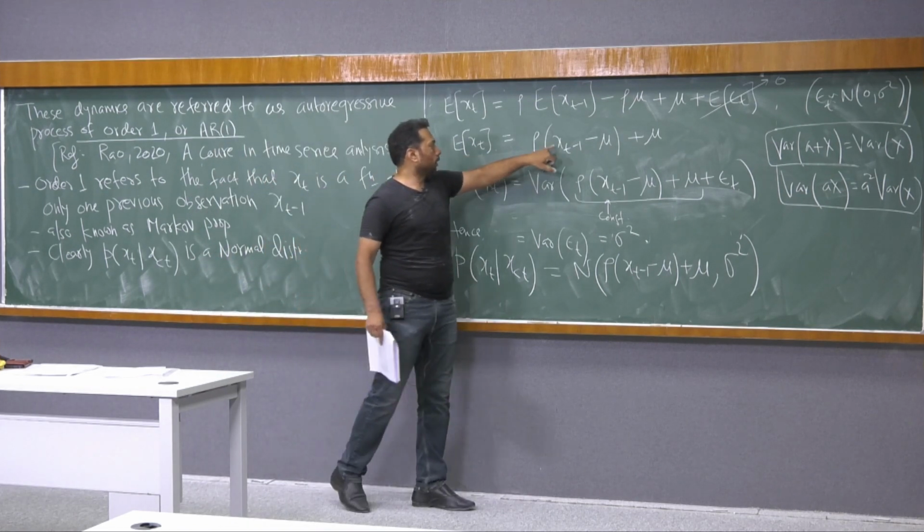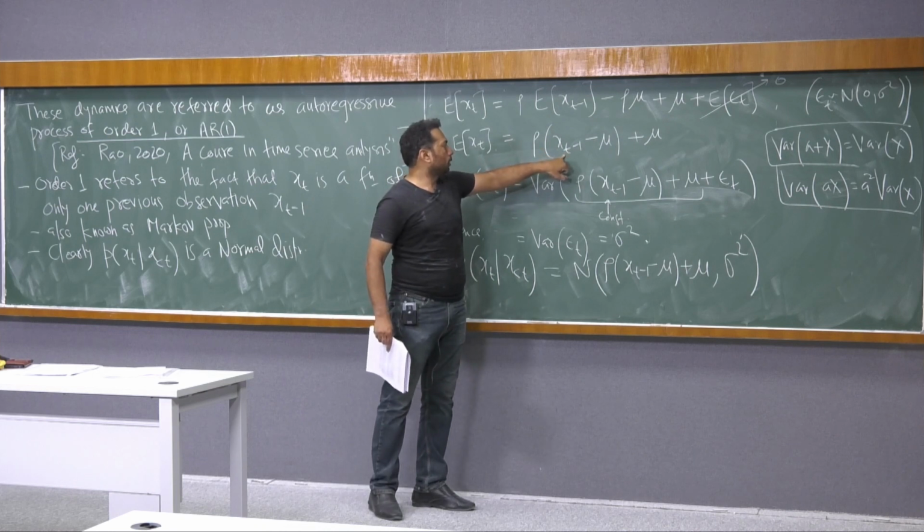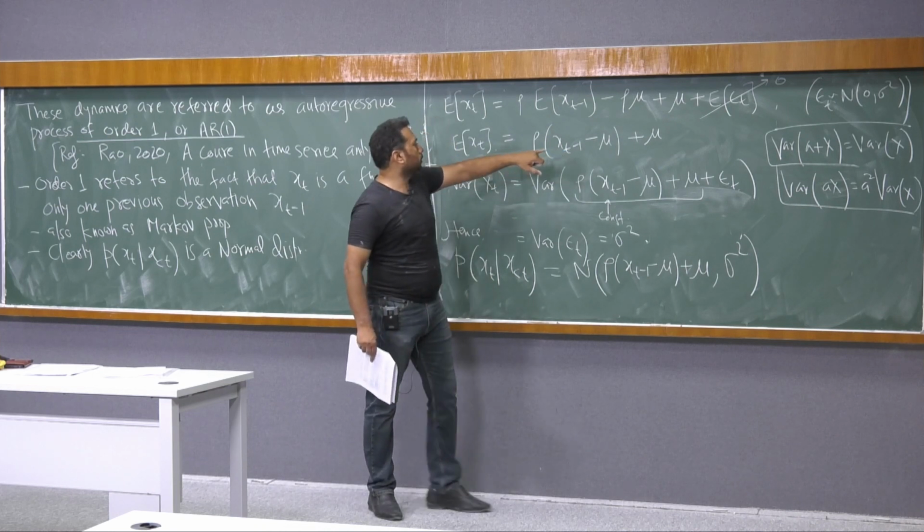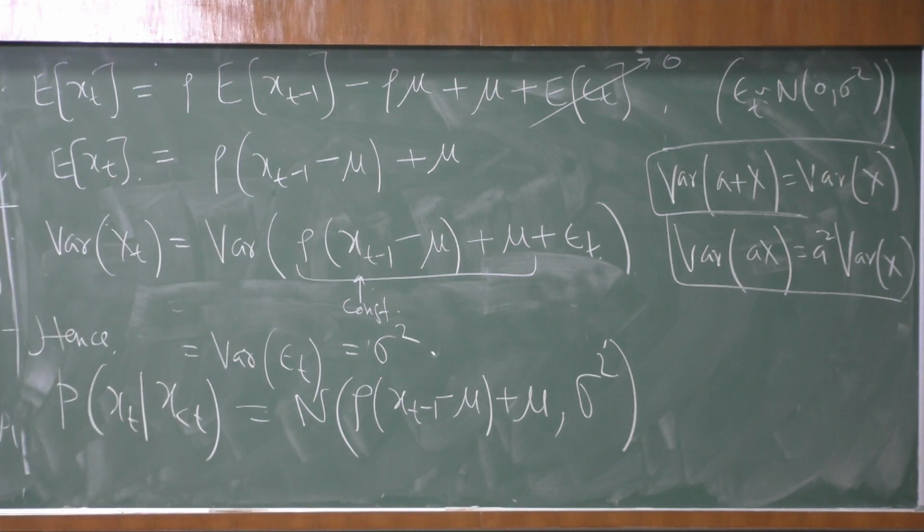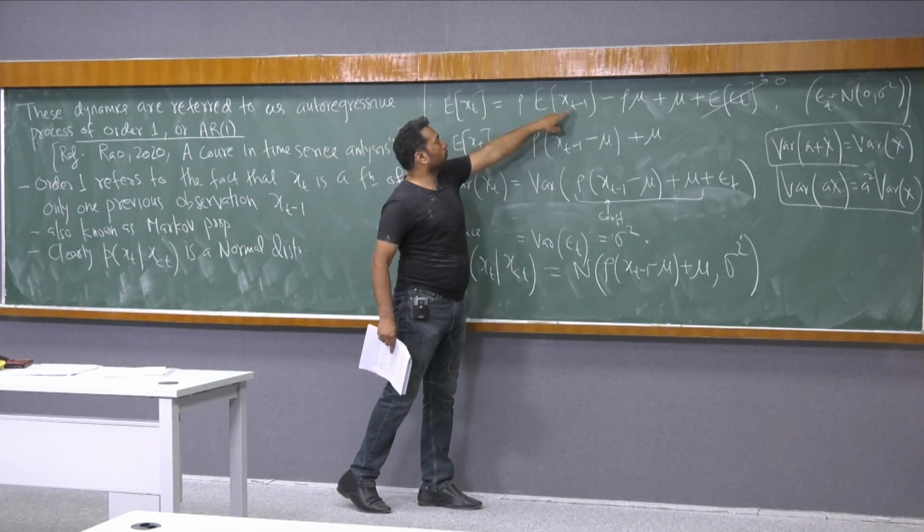It is rho times (x1 minus mu) plus mu, so the rho mu gets cancelled. The best way to see it is this: the expectation of x2 is rho times the expectation of x1, but the expectation of x1 is mu.